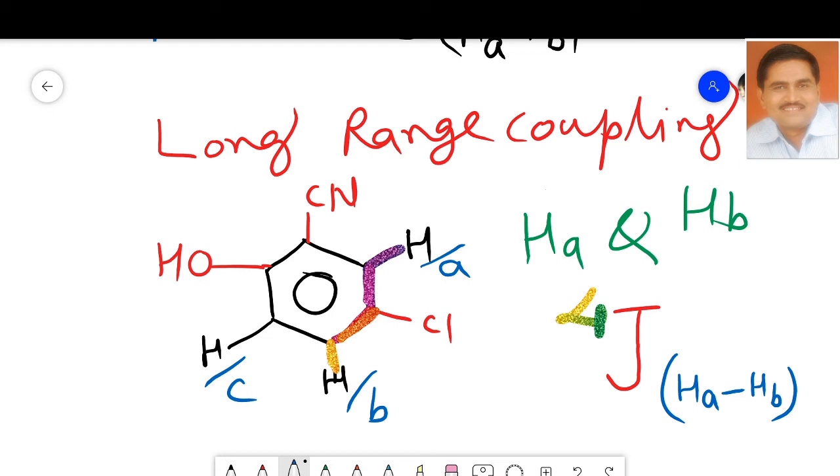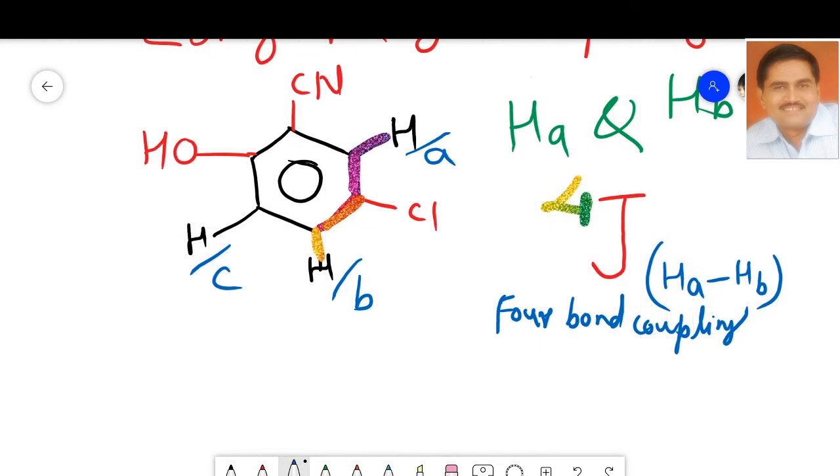and in another way it is also called 4 bond coupling, or it is also called meta coupling.